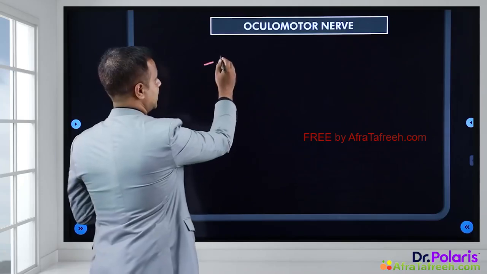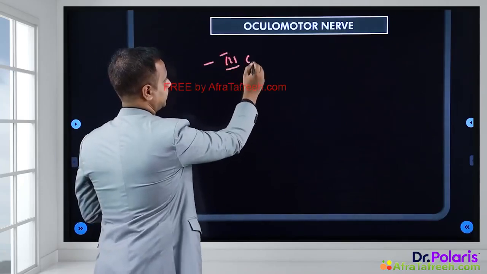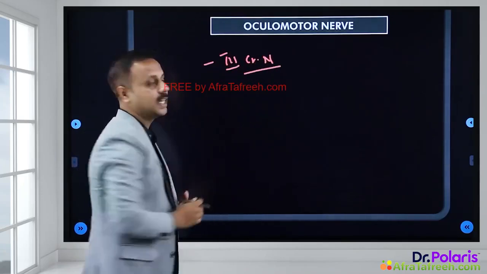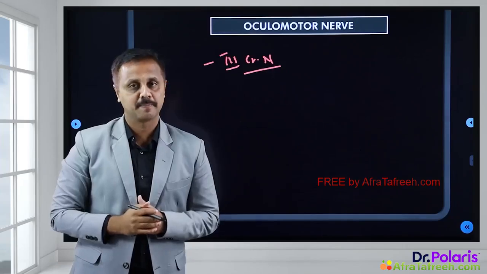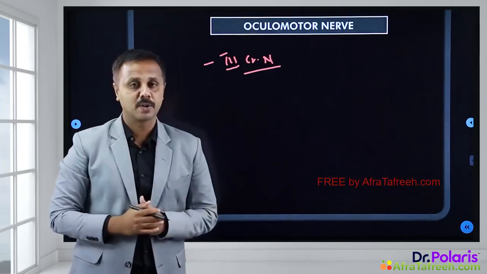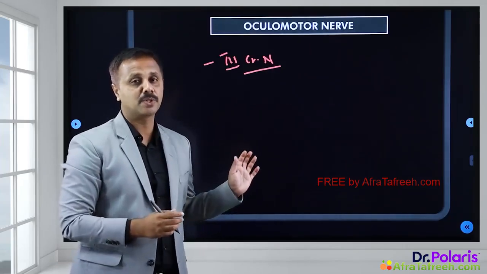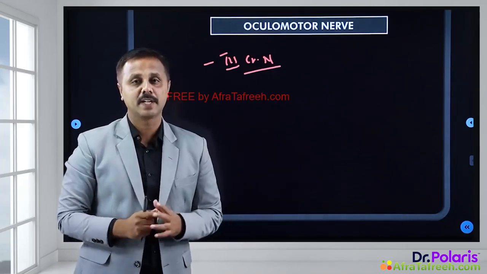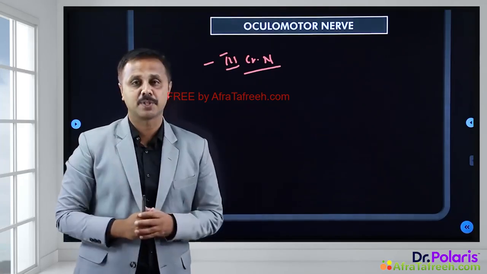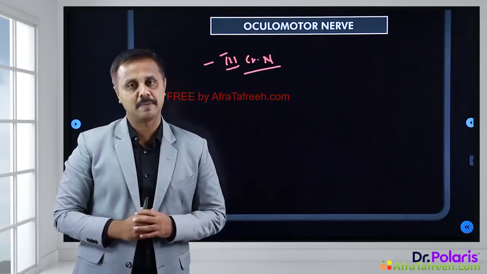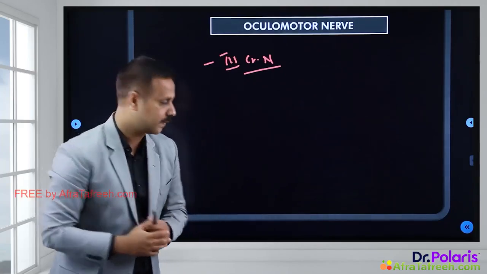Oculomotor nerve is the third cranial nerve and it is a pure motor nerve. It has no sensory component, right? And the reason why it's called so is because it supplies almost all the extraocular muscles, leaving out the lateral rectus and superior oblique. Hence, this is the chief nerve responsible for the movement of the eyeball. That's why it's called the oculomotor nerve.